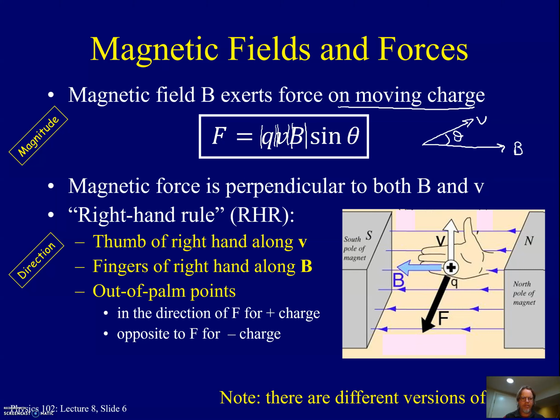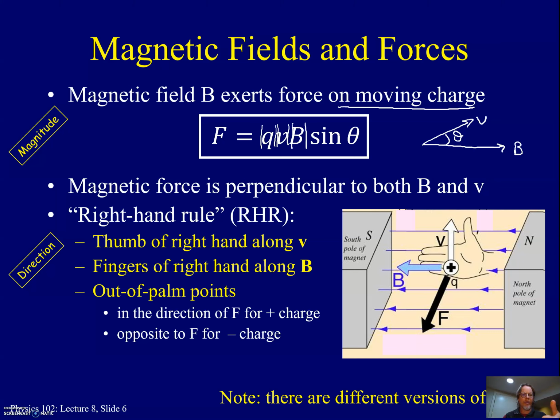So everybody, at least everybody in class, still has a right hand, so it's going to be pretty useful for you. The way we use this right hand is to find the direction of forces on a moving charged particle in an external magnetic field. There's more than one kind of right-hand rule, but we're going to use the one for a charge in an external magnetic field.